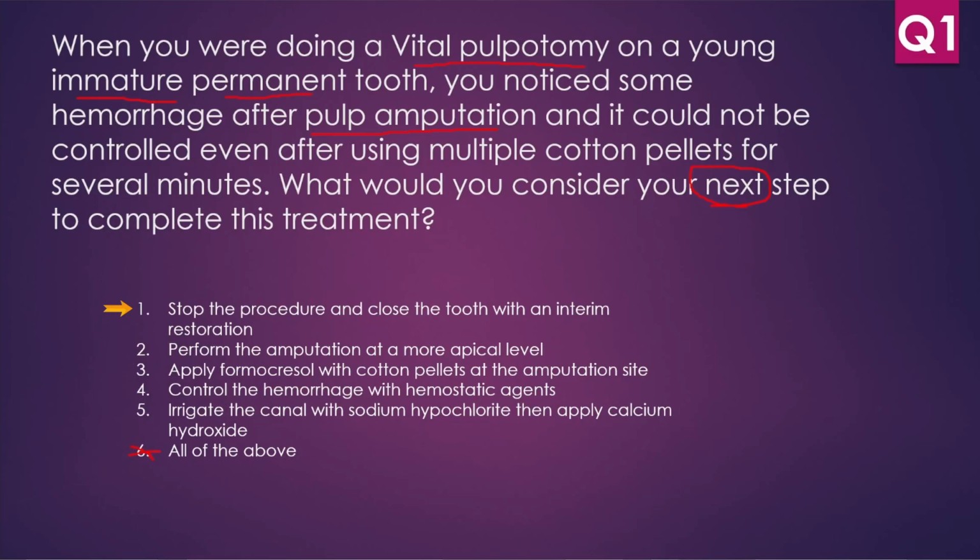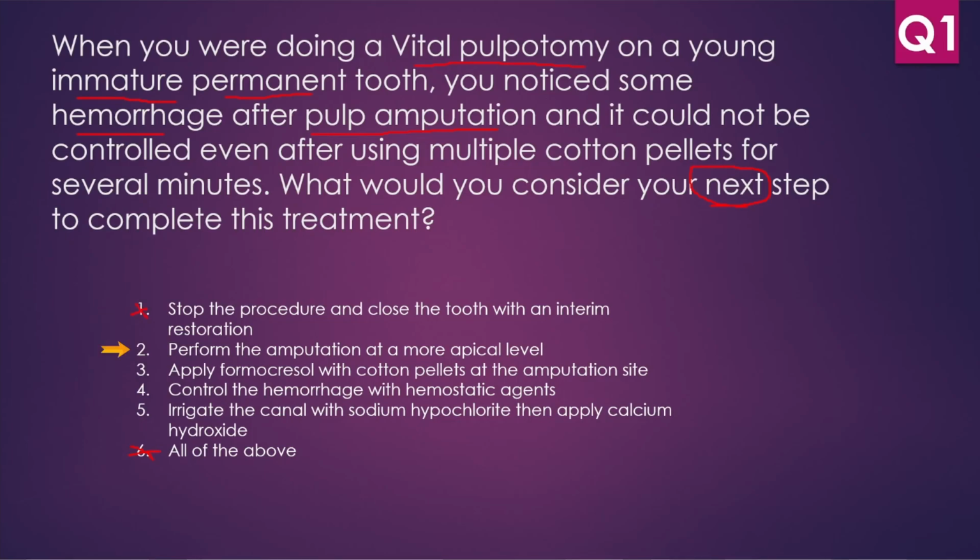Obviously not, because you can see hemorrhage after the pulp amputation or the pulpotomy, and hemorrhage essentially is a sign of inflamed pulpal tissue. If you closed the tooth with an interim restoration at this point, then the patient will come back in a few days with pain. They may have swelling, and there'll be problems. So you're not going to do this one. This option goes out.